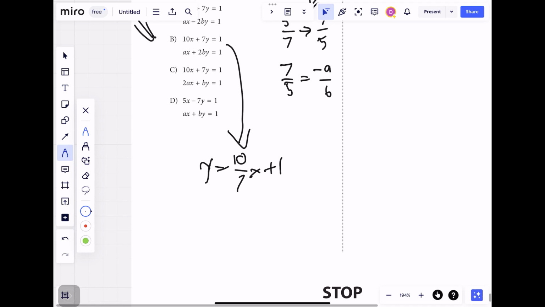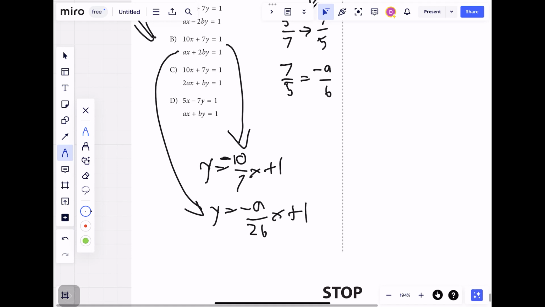So then this is going to turn to y equals negative a, oh wait, I think I forgot to add, okay, this is going to be negative 10 over 7. And then it's going to be negative a over 2b x plus 1.